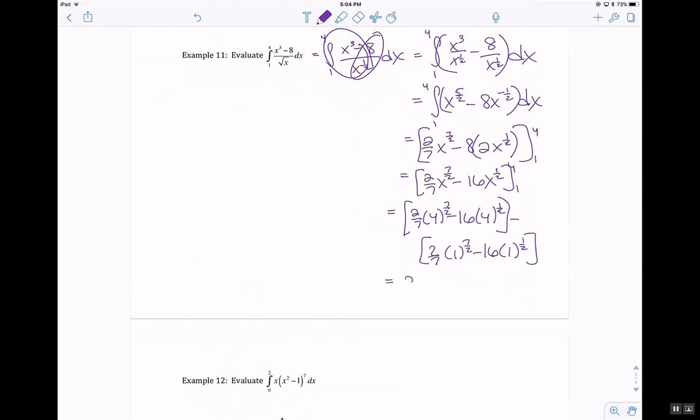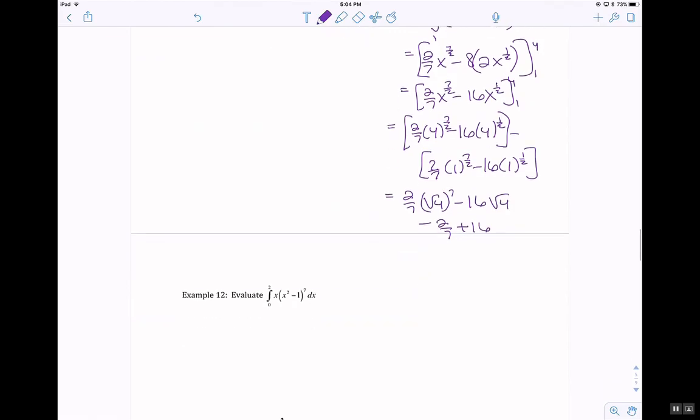So I get 2/7. This is the square root of 4 to the 7th power minus 16 times the square root of 4, and then minus 2 over 7 and plus 16. So then I get 2/7, and then I get 2 to the 7th power minus 16 times 2 minus 2 over 7 plus 16.